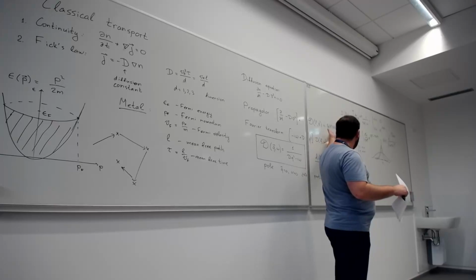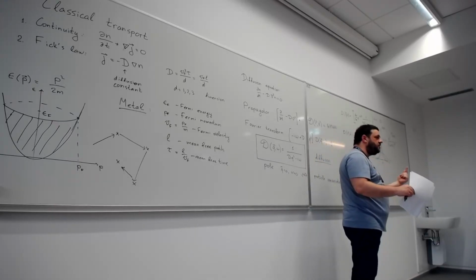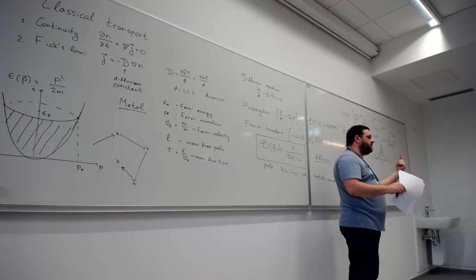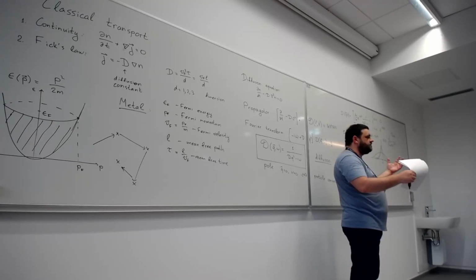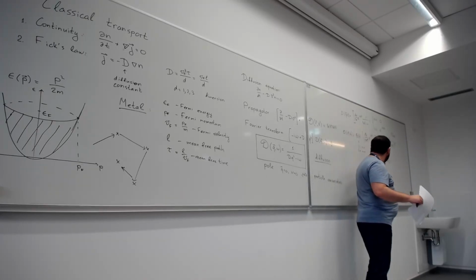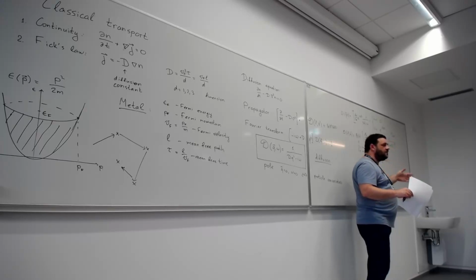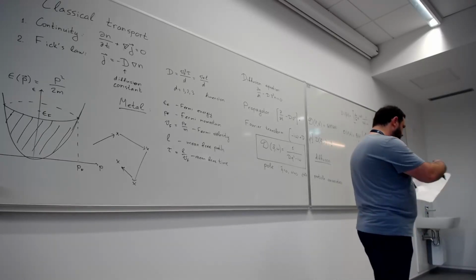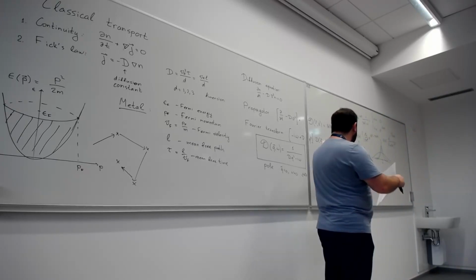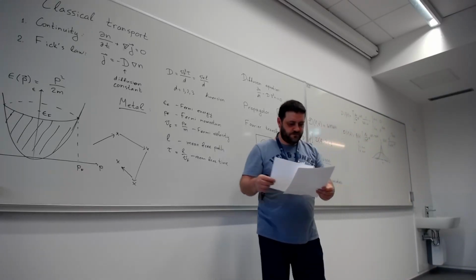This is just a solution for the delta function initial condition. Now, if we have some more complicated initial condition, we just integrate this function with our initial distribution of concentration, and we get the result.